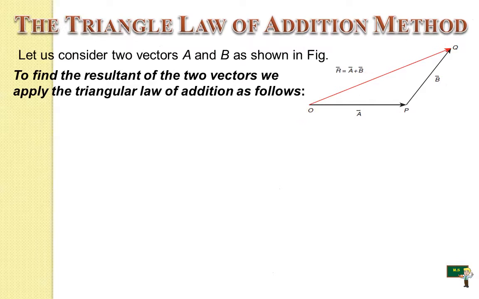Let us consider two vectors A and B as shown in the figure. To find the resultant of the two vectors, we apply the triangular law of addition as follows.